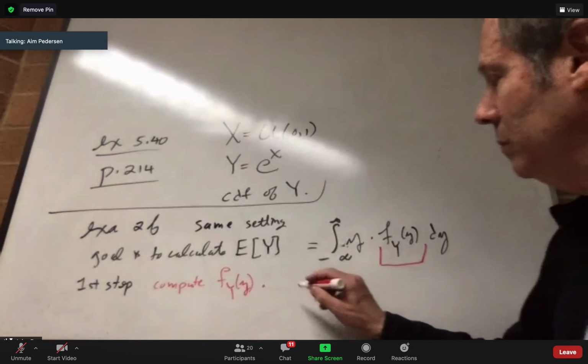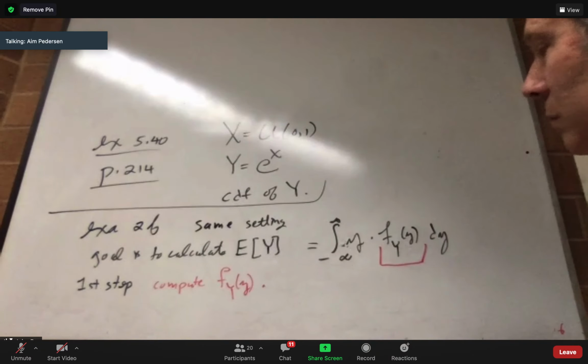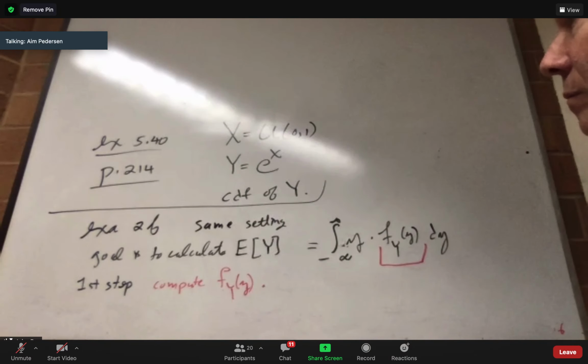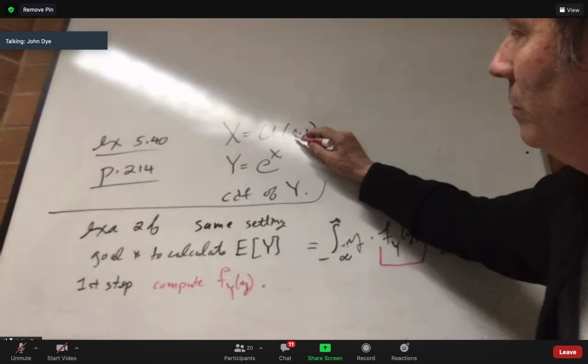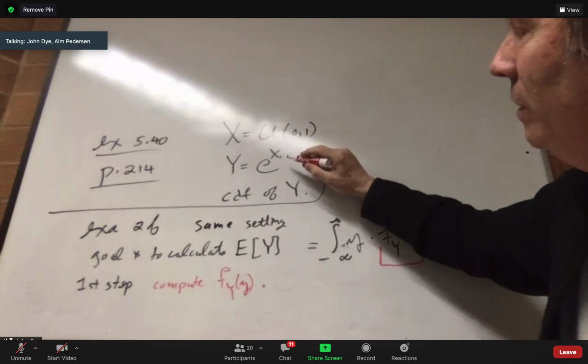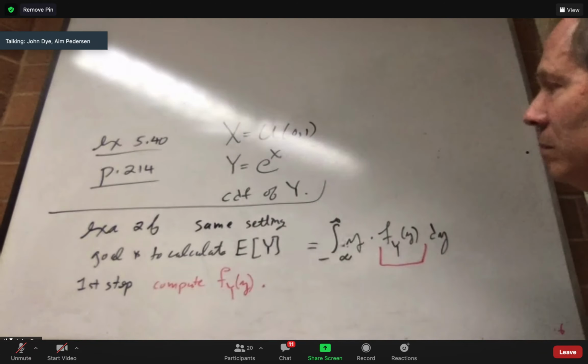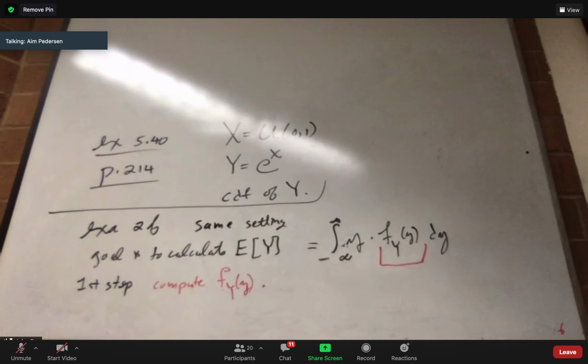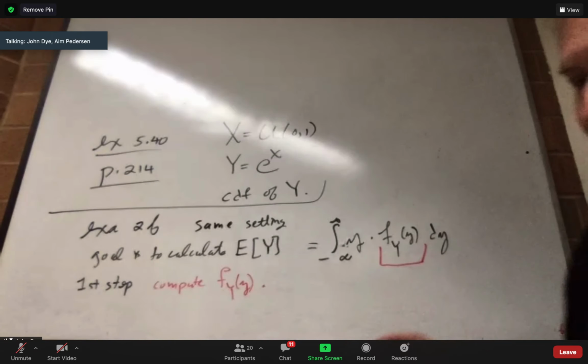Okay, so here's where I'm confused. E to the x, the integral of that from negative infinity to positive infinity isn't 1. Oh, I see now. Okay, never mind. Yeah, X is uniform.